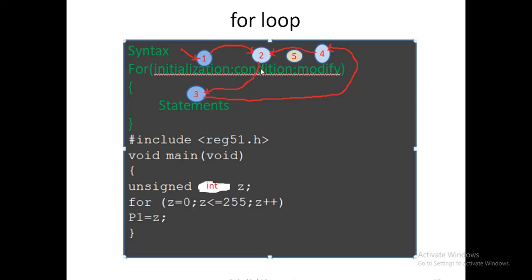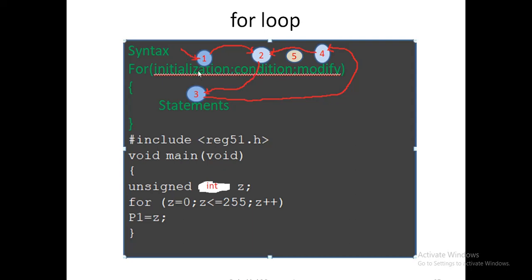Next, the condition. If the condition is true, it enters the loop and executes the statements. Then it goes back to the modify step, that is the increment or decrement operator. After that, it goes back to check the condition. The loop has to continue as long as the condition is true. If the condition becomes false, it comes out of the loop.